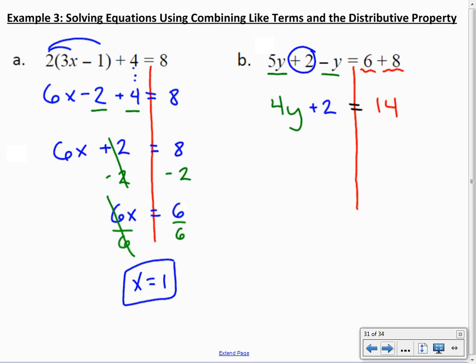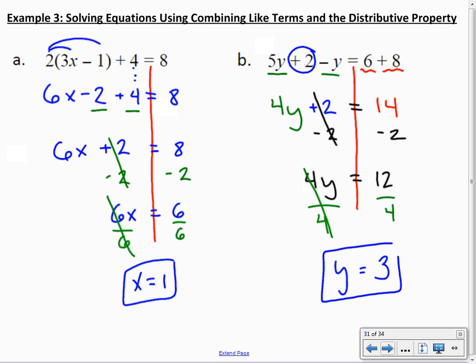So to get rid of that plus 2, I'm going to subtract 2 from both sides, instead of combining it with the 14, which would have been a mistake. So now we have 4y is equal to 12. We need to divide each side by 4. And our final answer is y equals 3.